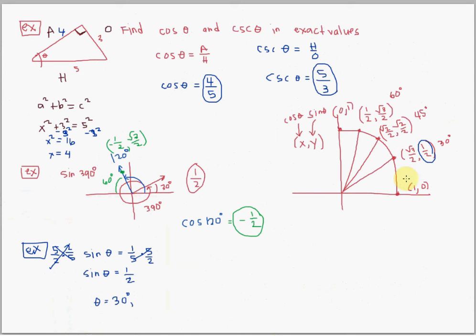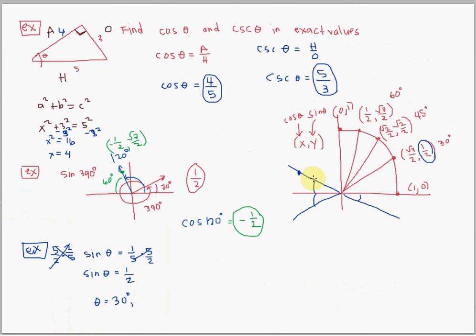Now, where is the y value still positive and still 30 degrees from the x-axis? You have all these possibilities, all of these ones that are 30 degrees from the x-axis. Well, in these two, the y values are negative in the third and fourth quadrant. So the only other option would be here in the second quadrant.